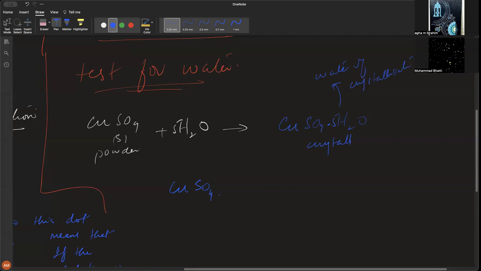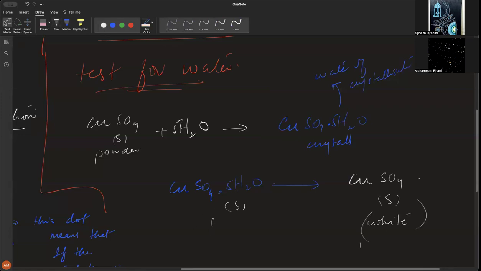So if you were to heat the copper sulfate crystal, it would turn back into a white solid. It is blue. This is going to turn white. This is blue. You understand why?